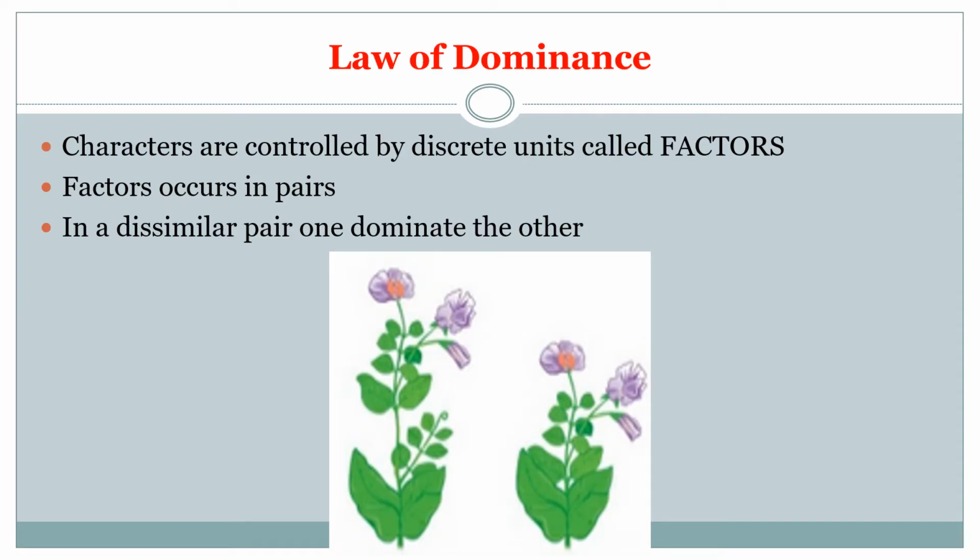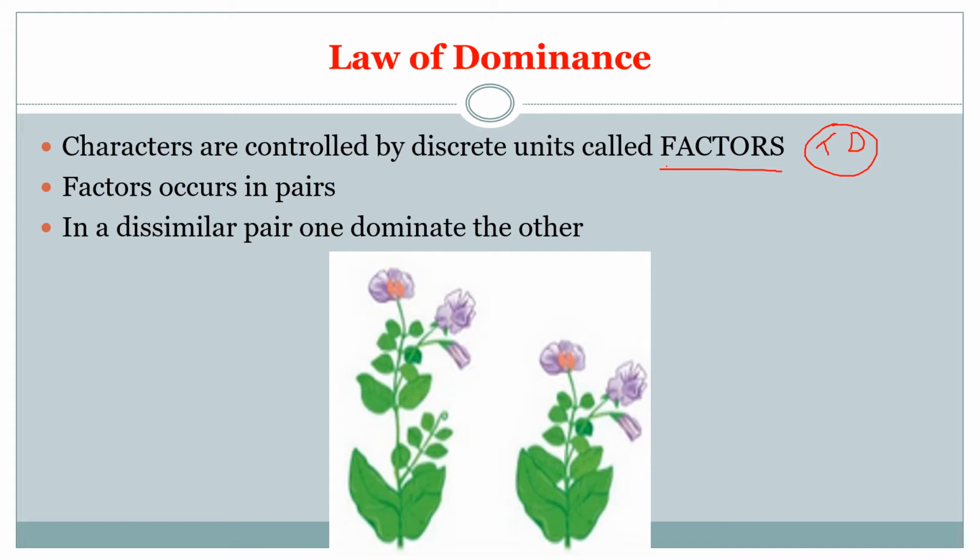The first law proposed by Mendel was the law of dominance. According to the law of dominance, the characters are controlled by discrete units called factors. Whatever the character may be, tallness or dwarfness, it is controlled by a unit called a factor, and according to him the factors occur in pairs.